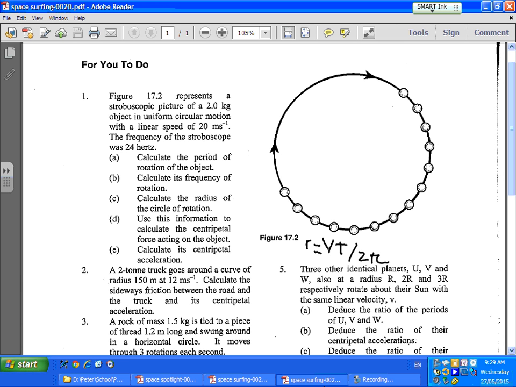Once you've got the radius, the next question is calculate the centripetal force. What was the answer, please? 3.18.